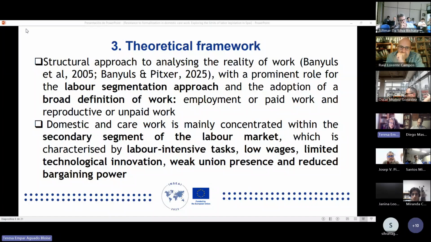In this segment, working conditions are shaped less by workers' choices than by the structural context in which families make their labor decisions.